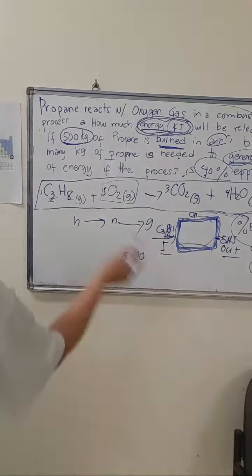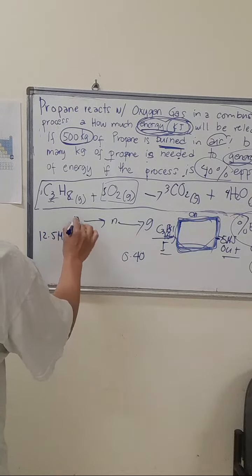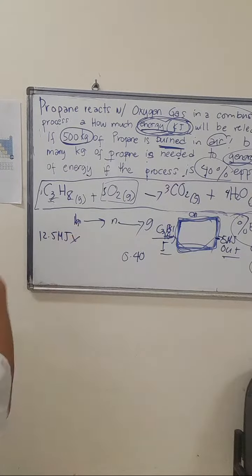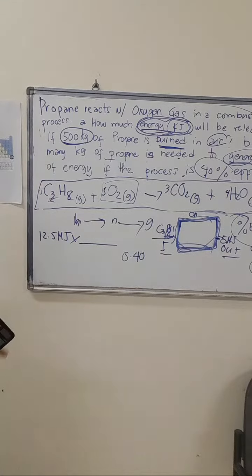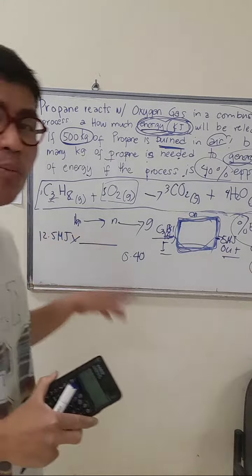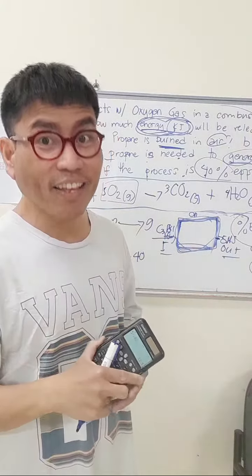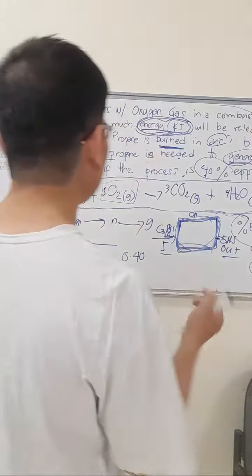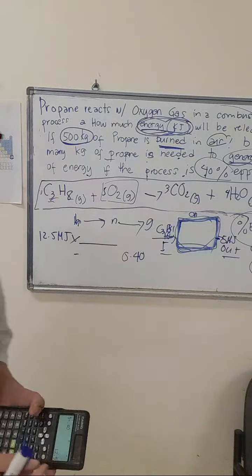Start with 12.5 MJ, and then over the... Now take note. If this is energy, your denominator to be multiplied is also energy. So we have delta H that I told you, which is negative 720 kilojoules. Put that in the denominator. But it doesn't match the unit.